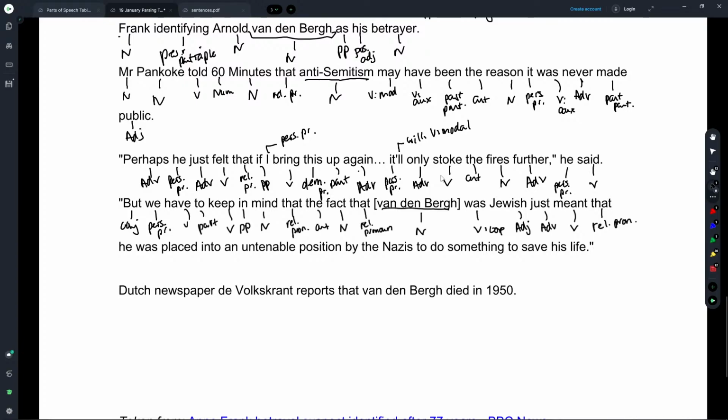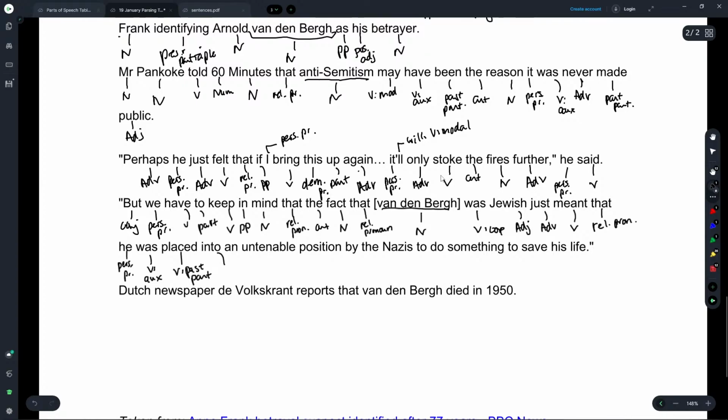Okay, let's move on, and then we'll probably find the for in a second. Right, so that he, personal pronoun, was, verb. Yes, this is from an actual article in the newspaper. Placed, verb as well. And here we have was placed, and was is the auxiliary because placed is our past participle.